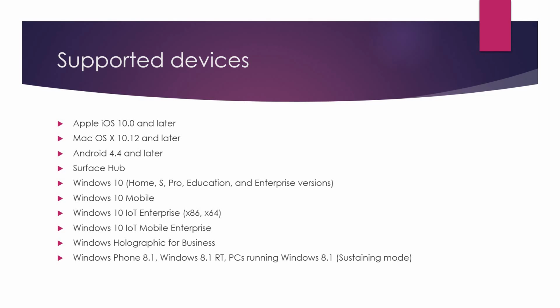So if any of these is what we are trying to achieve, then making use of Intune would be the right choice. One of the major things which cannot be managed via Intune as of this moment is Windows Server OS. So if you're looking to manage Windows Server operating system, then probably going ahead with Config Manager would be the right choice.